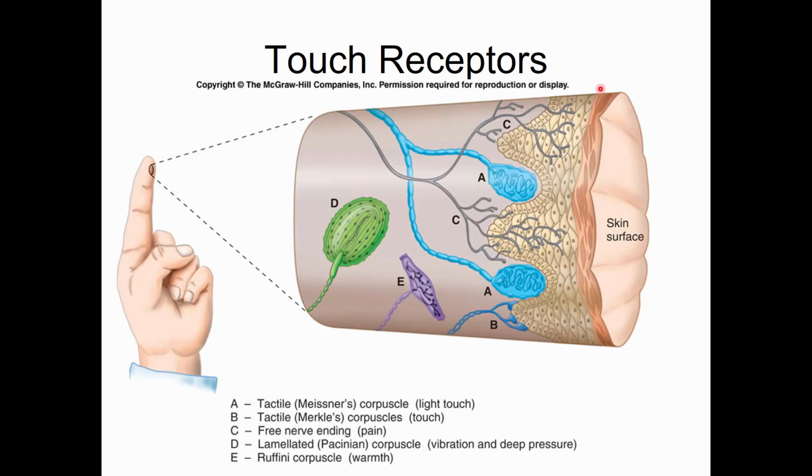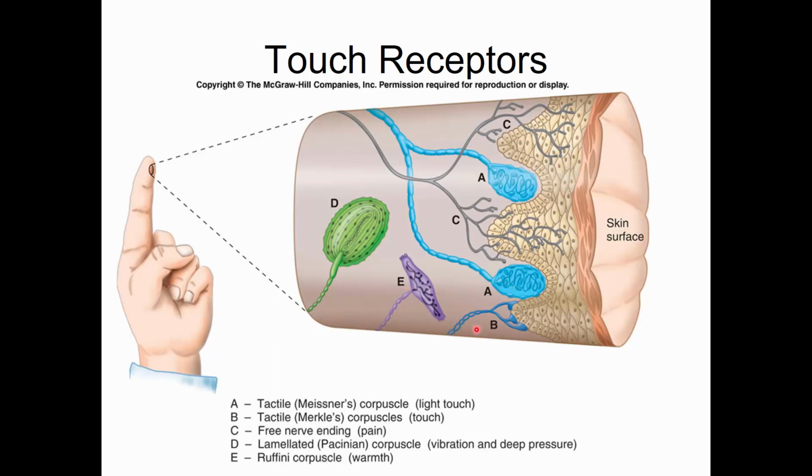Here are some of the touch receptors you might see in the skin. So here are what we'd call free nerve endings or unencapsulated receptors. That could be a nociceptor, could be a temperature receptor. It depends. Here are some encapsulated receptors.